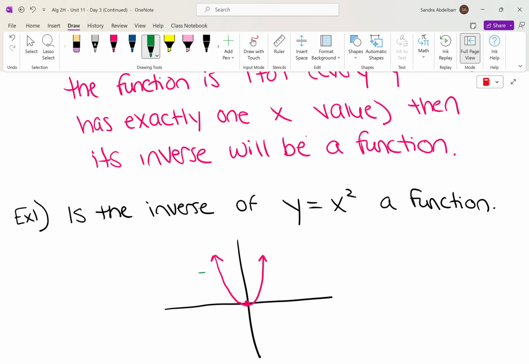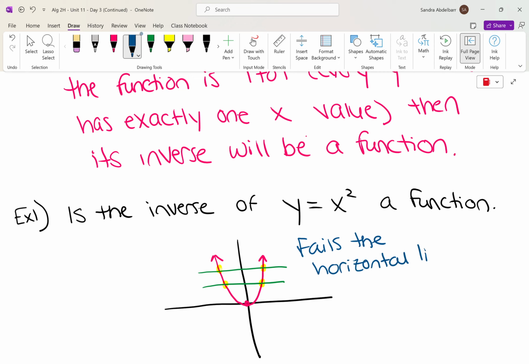So it looks something like that. So I want to know if its inverse is going to be a function. We're going to perform the horizontal line test. And what happens when we perform the horizontal line test? We end up touching in more than one spot. So it fails the horizontal line test. So therefore, the inverse is not a function.